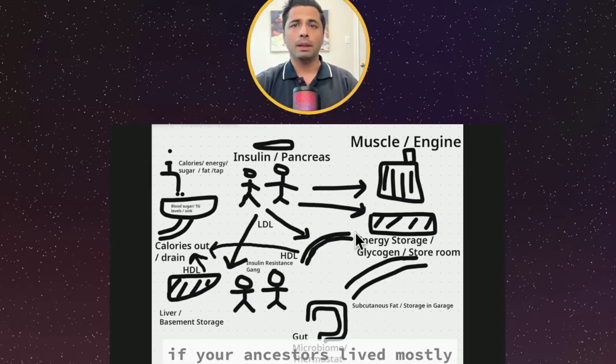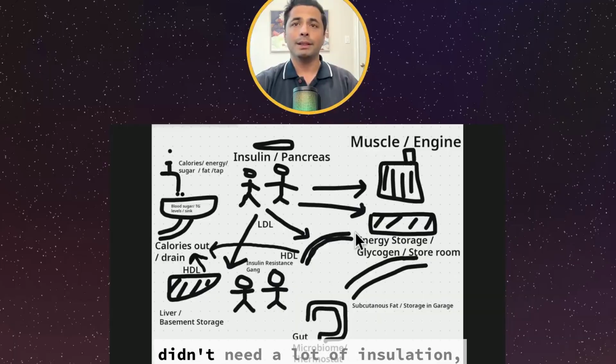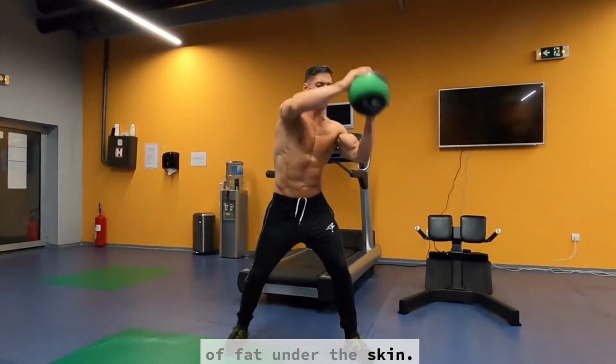As an example, if your ancestors lived mostly in tropical countries where you didn't need a lot of insulation, so you didn't need a lot of fat under the skin, then you will have lesser stores of fat under the skin.